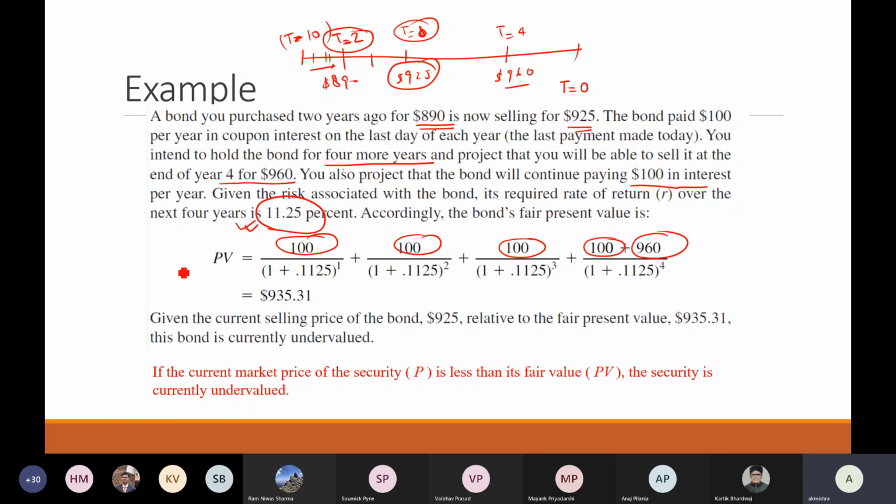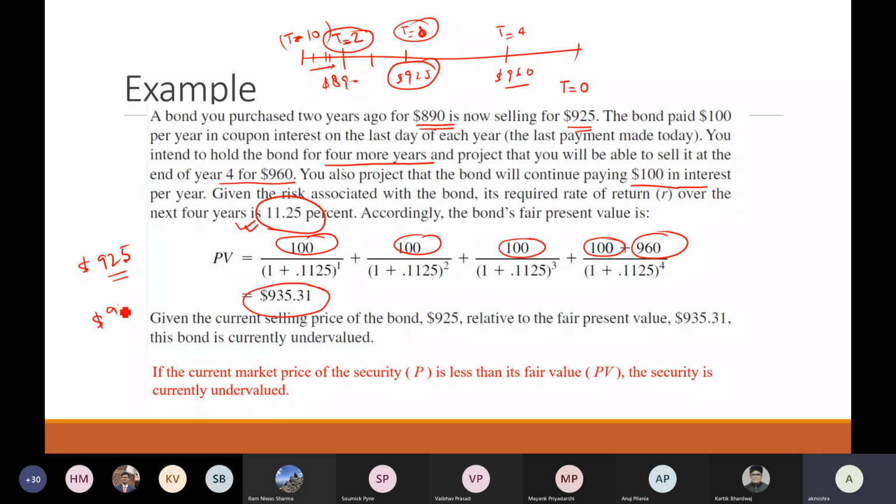And when we calculate it, it comes to 935.31. Now, think about the situation today in the market. So today this is being traded at 925.